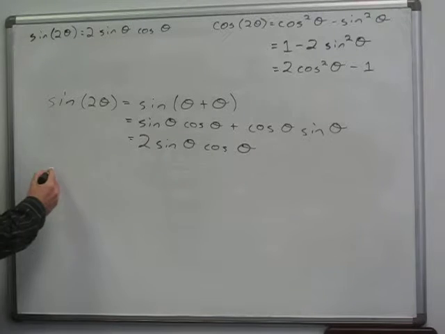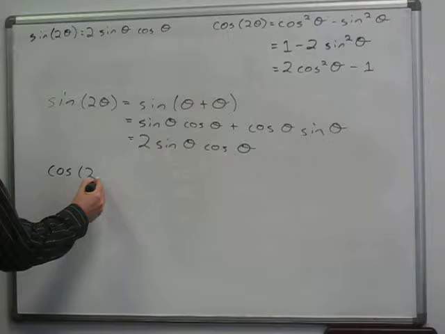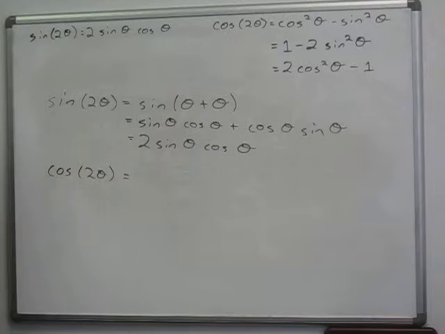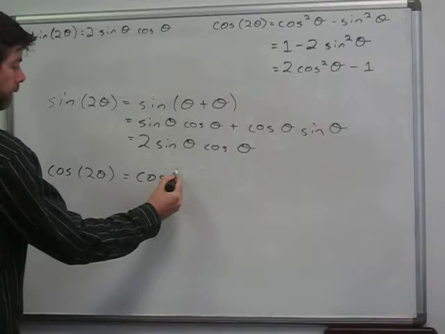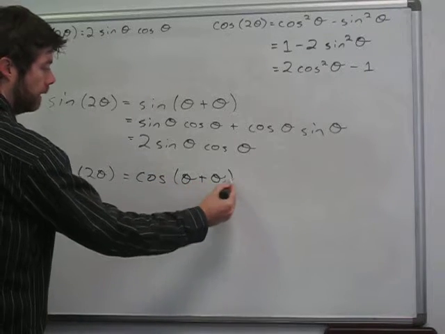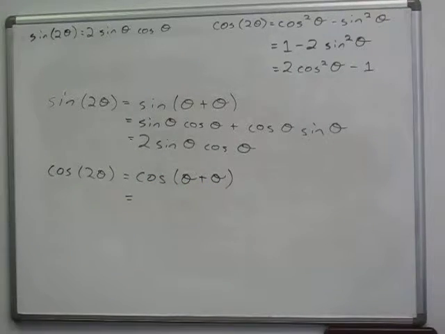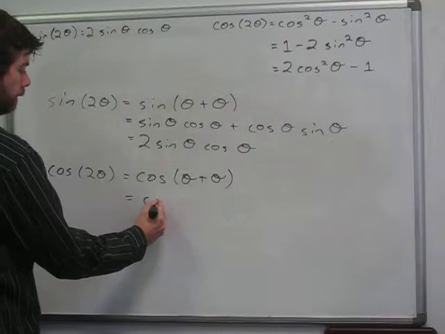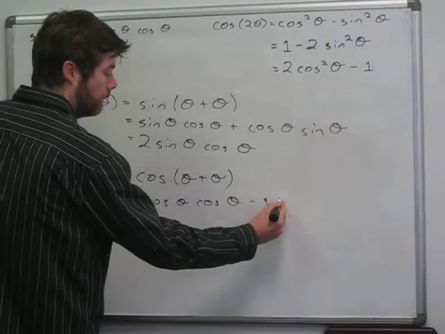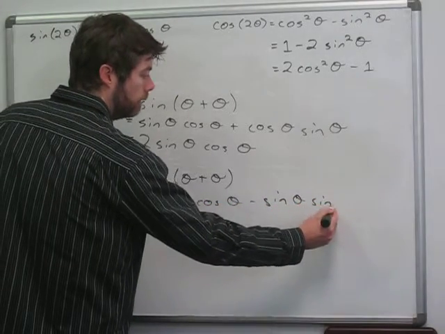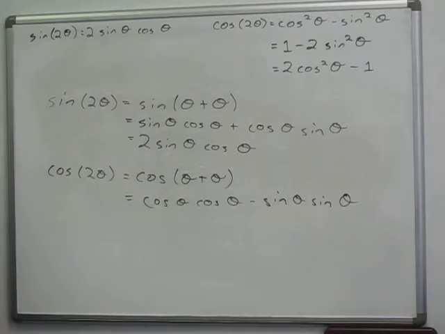Cosine of 2 theta for the first formulation is essentially the same idea, right? We're going to take this double angle of 2 theta, write it as theta plus theta, and then apply the angle sum formula for the cosine, which is going to be cosine theta cosine theta minus sine theta sine theta, right?